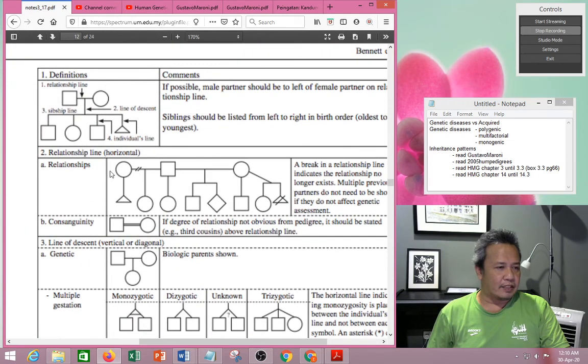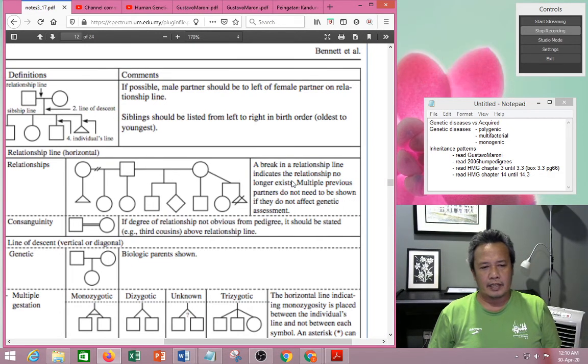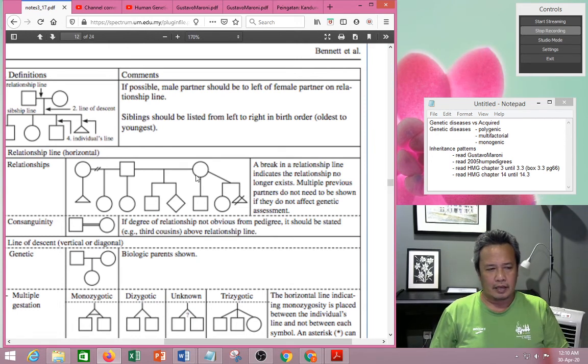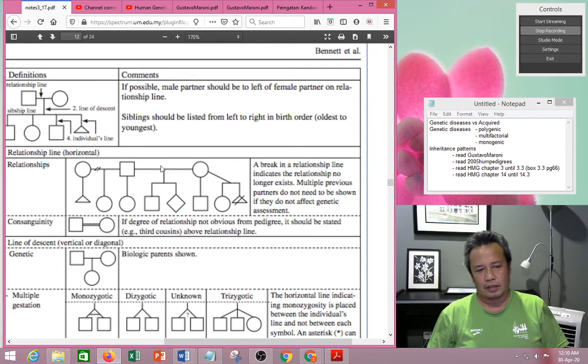And then you have these definitions: relationship lines, lines of descent. Sometimes one person marries two individuals. A break in a relationship line indicates the relationship no longer exists, maybe divorced, maybe deceased. So this person has married that, but is no longer married to that, so now has married this person.